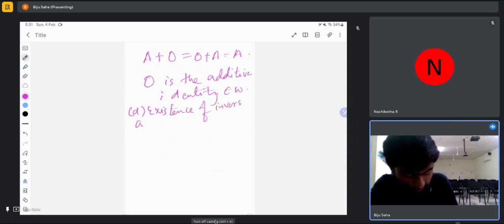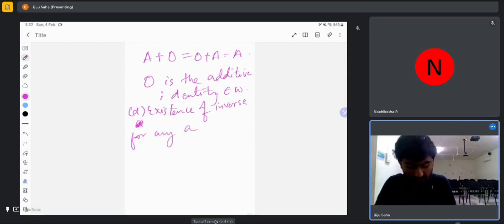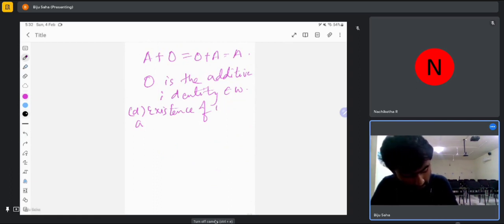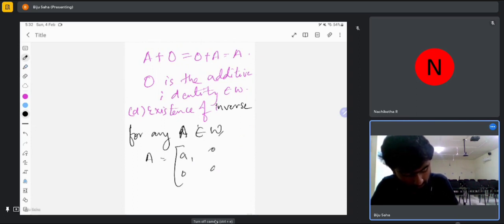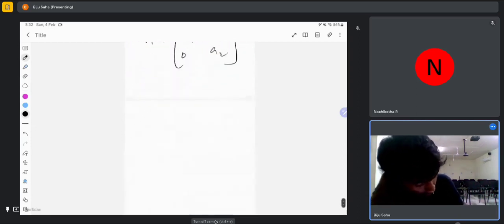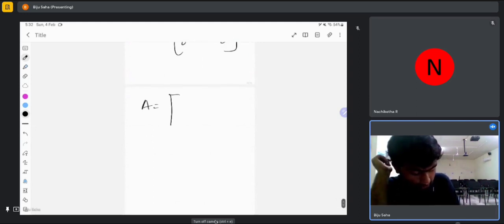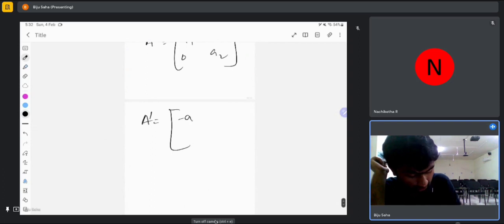For any A belonging to W, that is, A has the diagonal form, we can negate its components to form another matrix as follows.